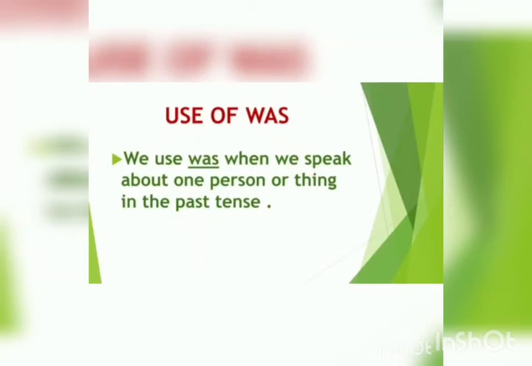That if the subject is singular, it can be a person or a thing, then we have to use was with that subject. But we use was only if our sentence is in the past tense, right? See how. I will show you one example for this.